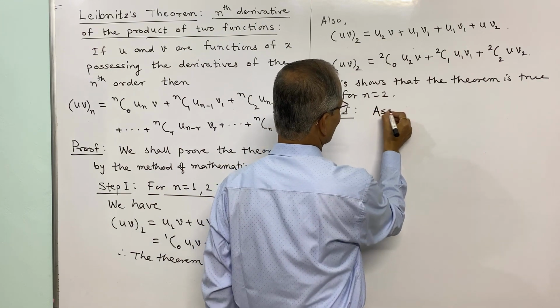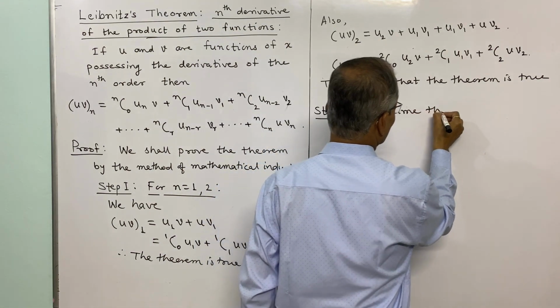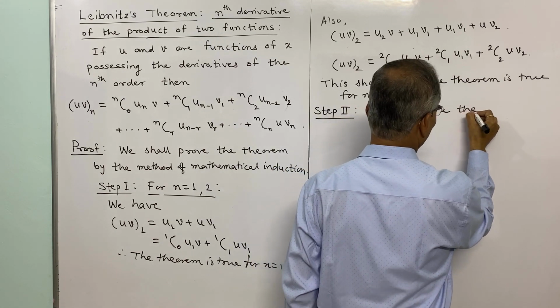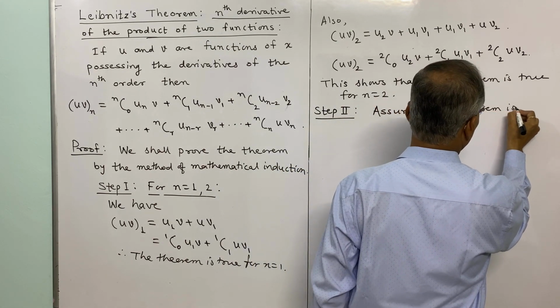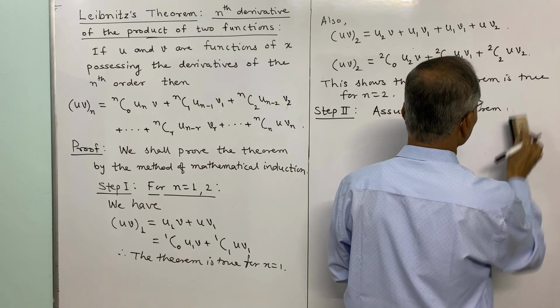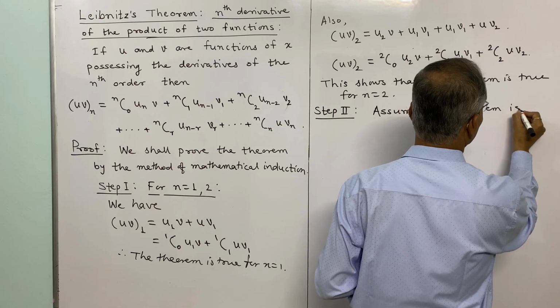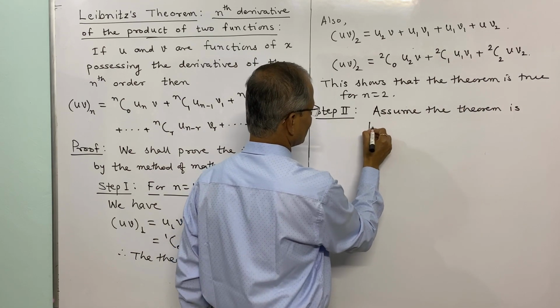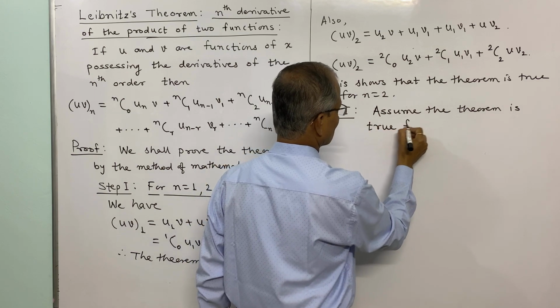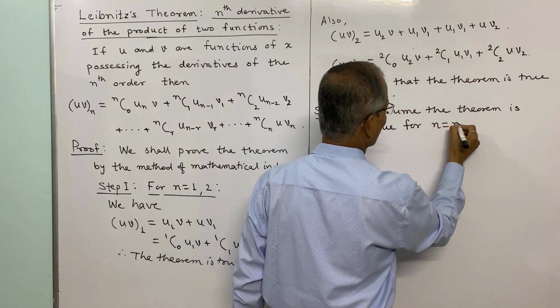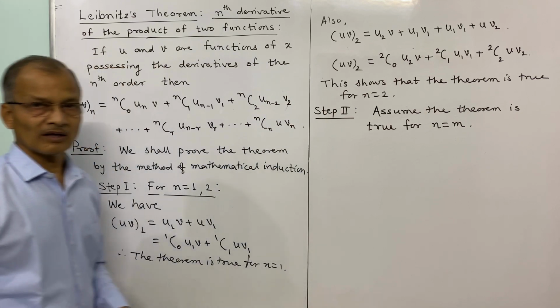Assume the theorem is true for n is equal to m. What is the meaning?